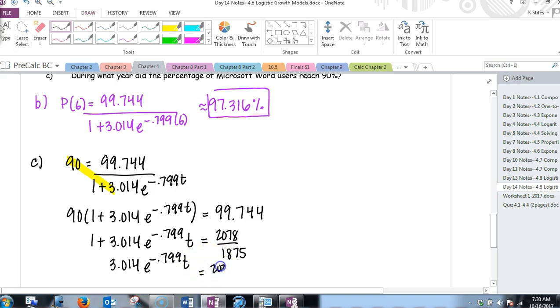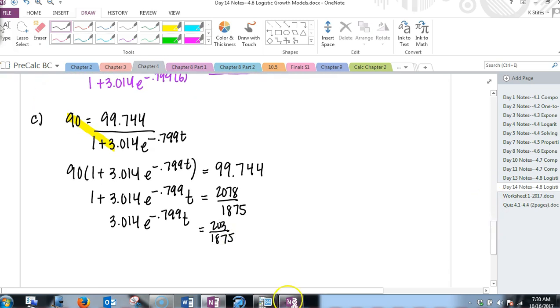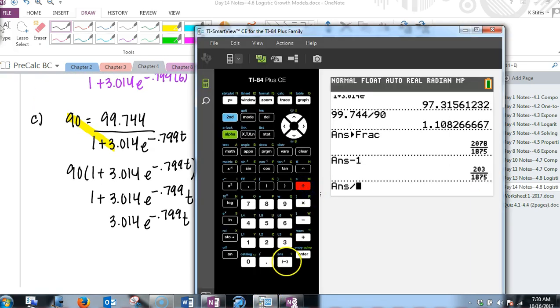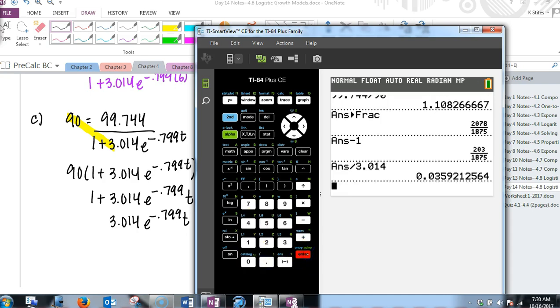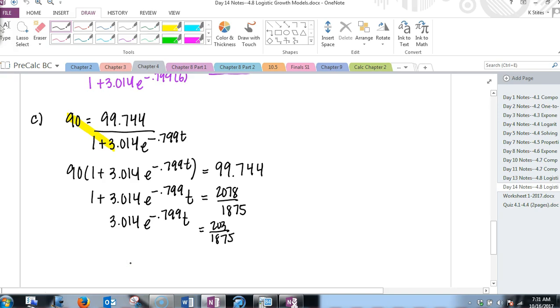So that's 203 over 1875, and then I'm dividing that by 3.014. So now I just have e to the negative 799t is equal to 359 dot dot dot.